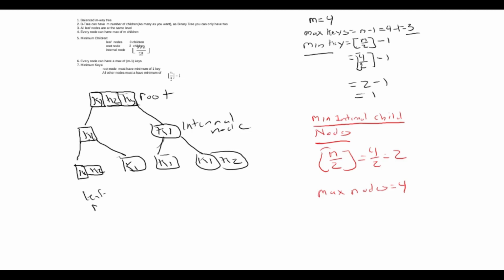And these are the leaf nodes. Leaf nodes, leaf nodes, leaf nodes, internal nodes. And this is the root node. All right, and we're going to do another example.